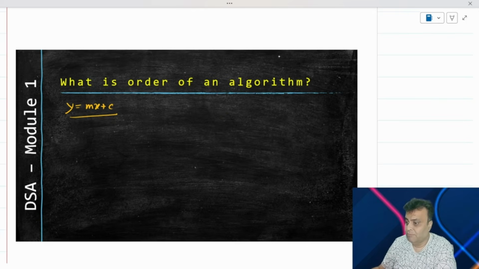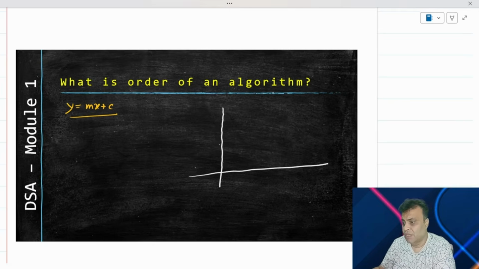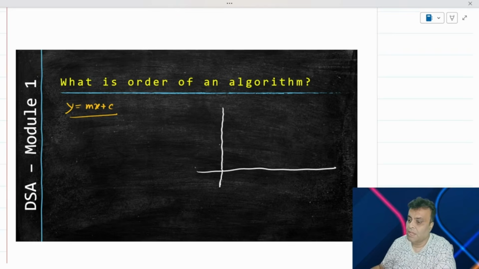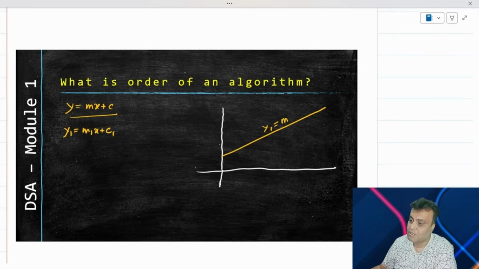Let me take a curve which represents a linear line. If we have a line like this, then I'm sure you would understand that we can call this y1 equal to m1x plus c1.